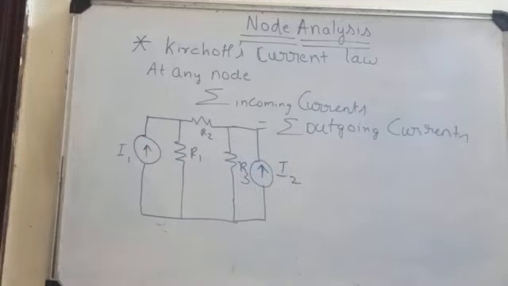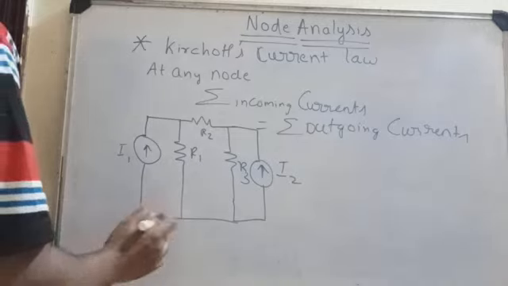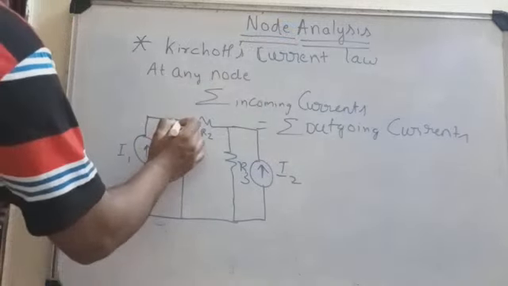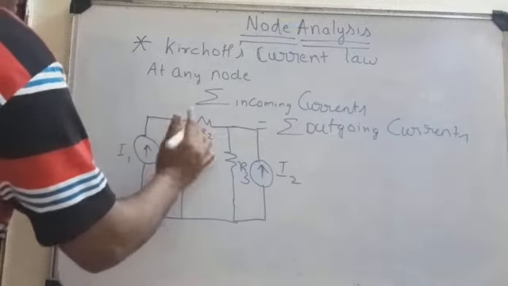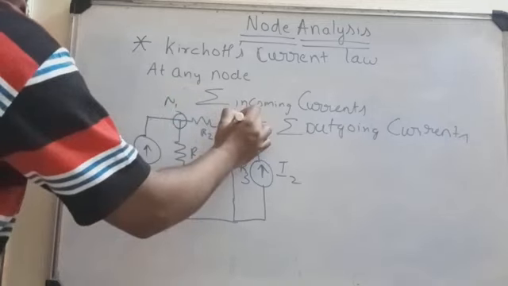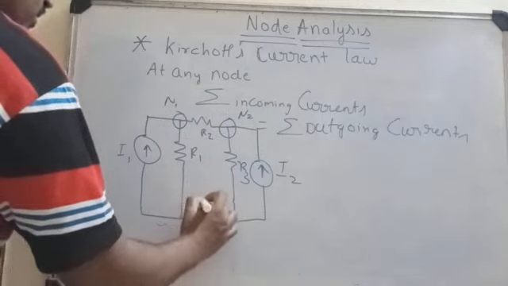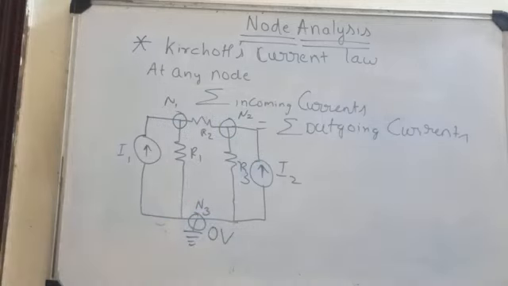So given a circuit and we are told to analyze it using node analysis, the first thing we should do is identify the nodes. So the branches are this first branch, this one, this line. So this is the first node, node 1. Node 2, and ground is node 3. This is by default 0 volts.